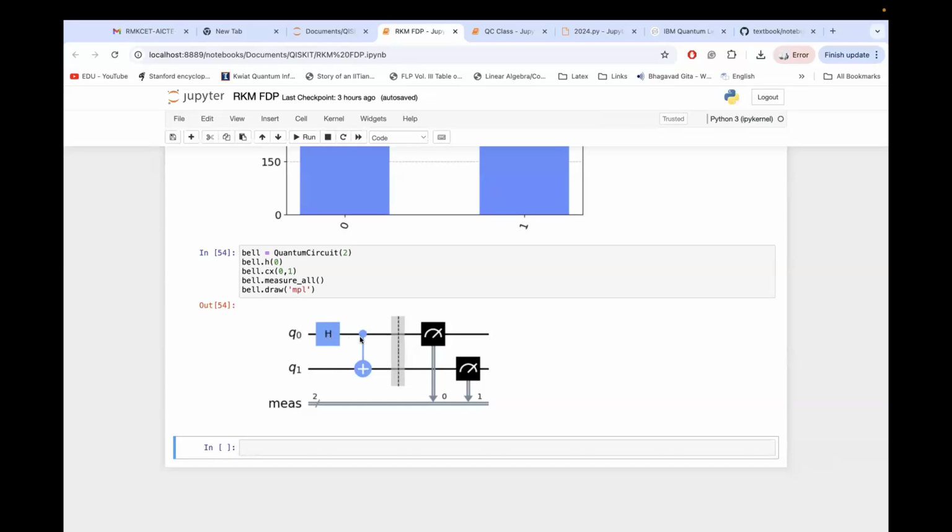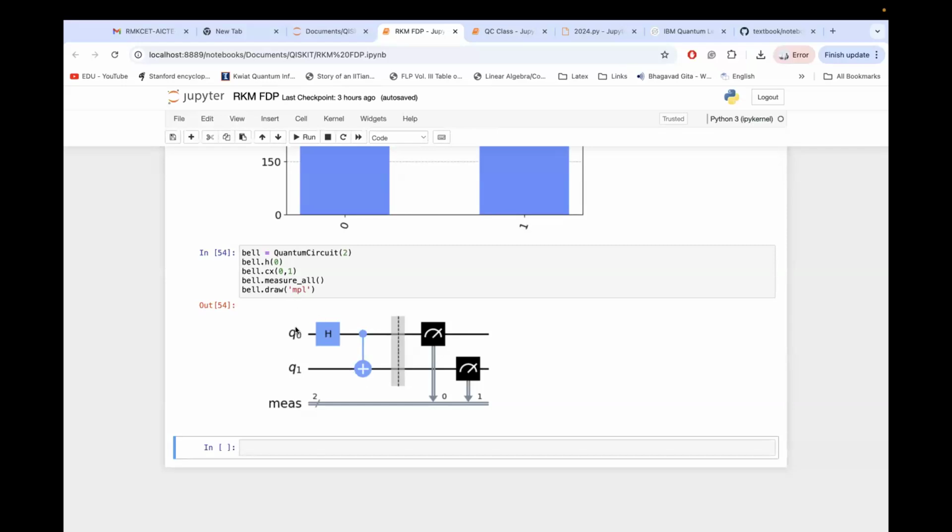Afterwards, we are applying something called CX operator. What is CX operator? Here there exist 2 qubits, right? One qubit is called the control qubit, the other one is called the target qubit. This is the controlled NOT operation: whenever the first qubit is in the one state, the state of the second qubit will be changed, right? Whenever the first qubit is in the one state, the state of the second qubit will be flipped.